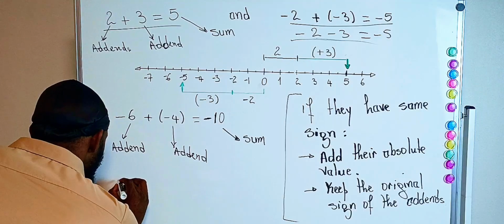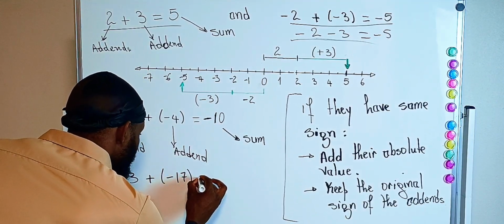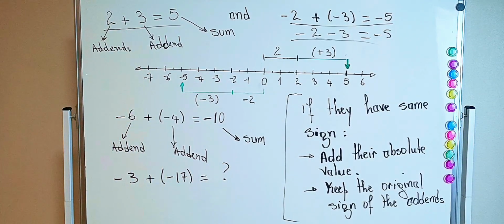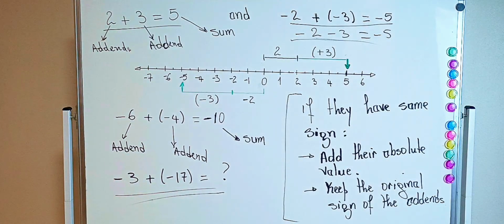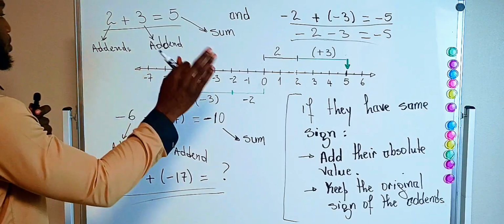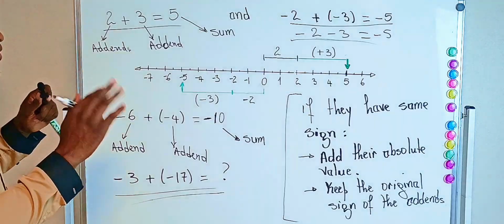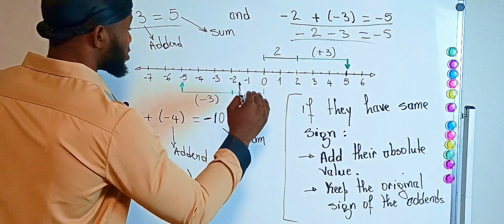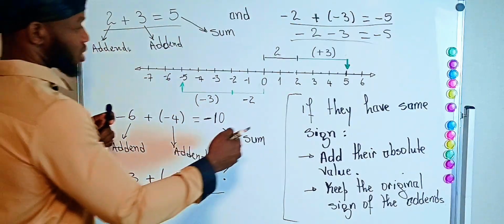I will leave this one for you guys, and I'm just waiting for the answer in the comment section. This is for you to practice, to see if you do understand. Don't forget, you don't have to use the number line anymore, since we used the number line to come up with these rules.